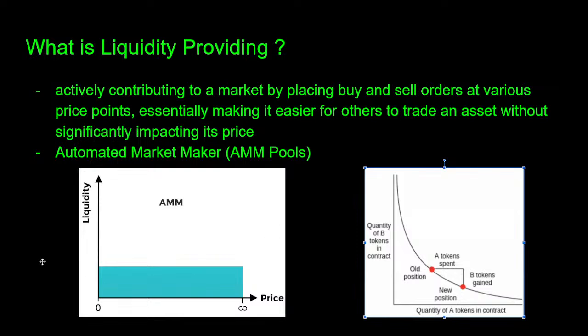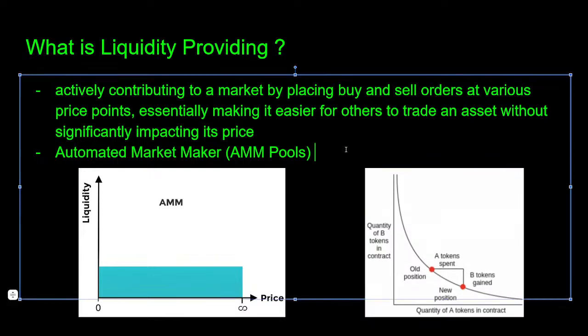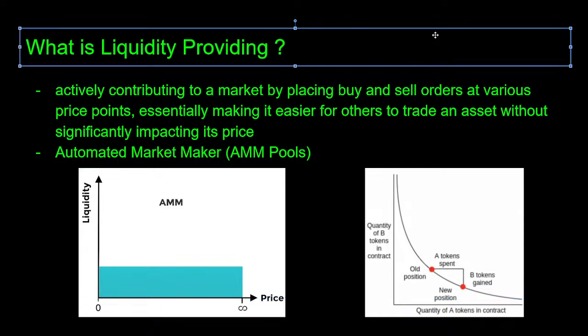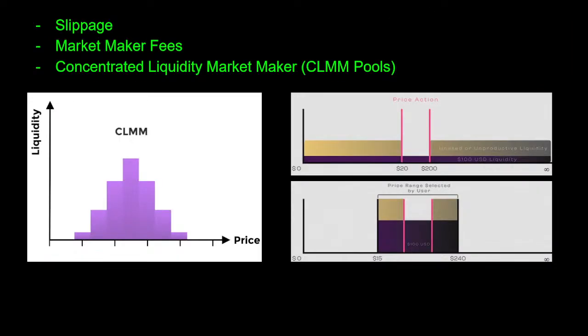So now talking about CLMM pools, the concentrated liquidity market makers. In a CLMM pool, when you add liquidity, instead of adding liquidity from 0 to infinity, you're only adding your liquidity in a fixed range that you can select.